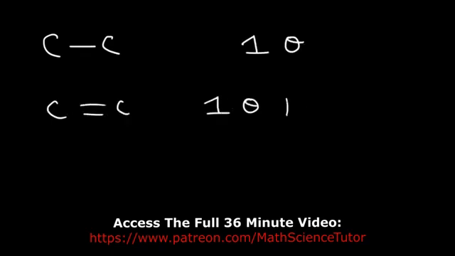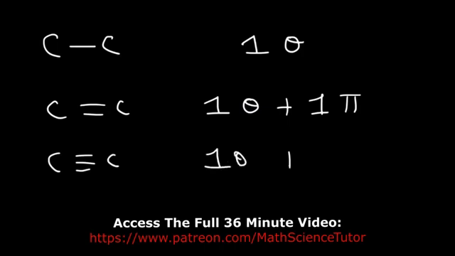Every single bond that you see contains one sigma bond. Every double bond has at least one sigma and it has one pi bond. A triple bond contains one sigma and 2 pi bonds.